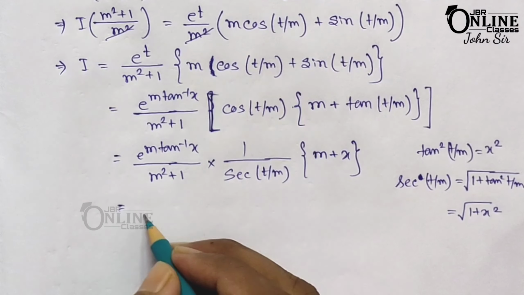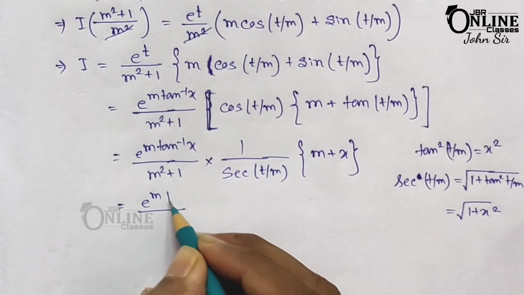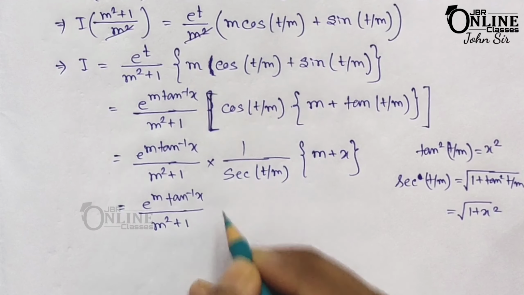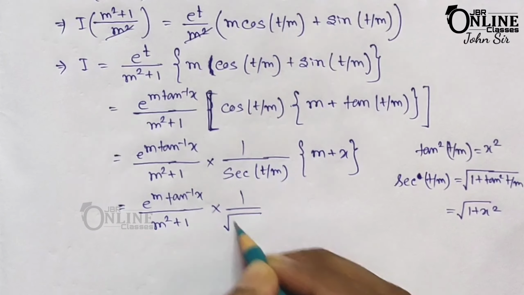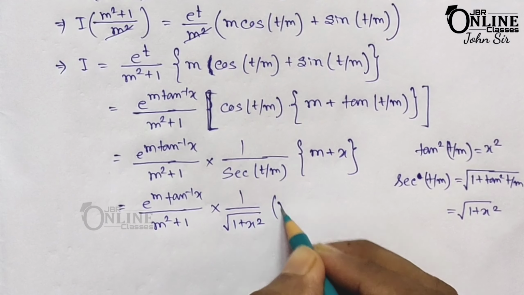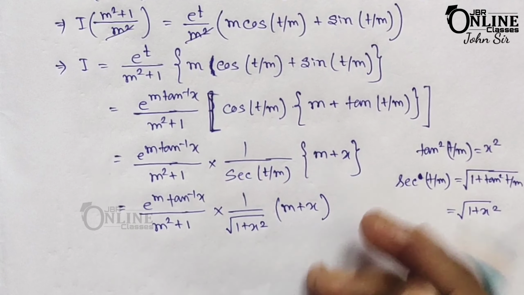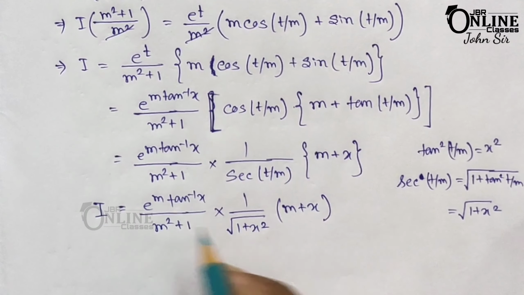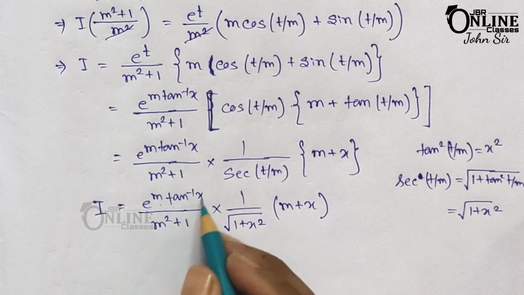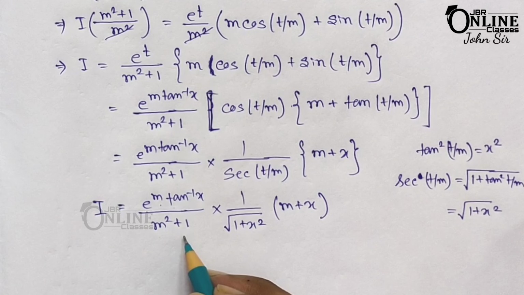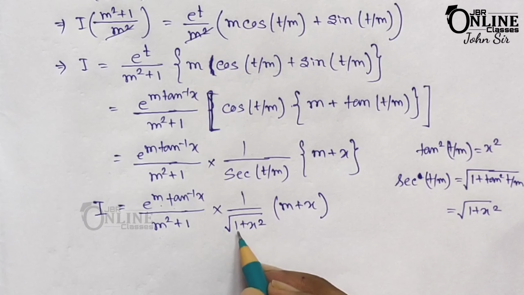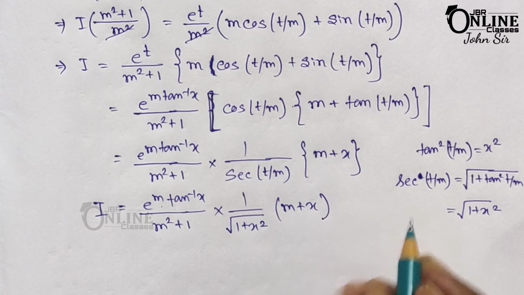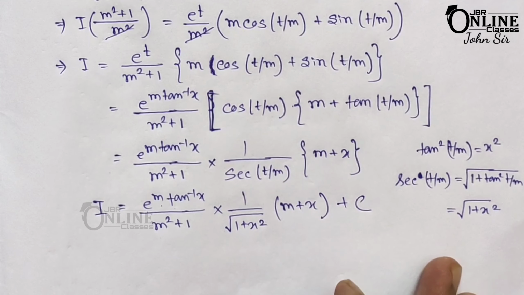Okay. So now in that case you write down here e to the power m tan inverse x by m square plus 1, this one will be root over 1 plus x square and here m plus x. So your final answer will be I equals e to the power m tan inverse x by m square plus 1 by root over 1 plus x square into m plus x plus c as your answer.